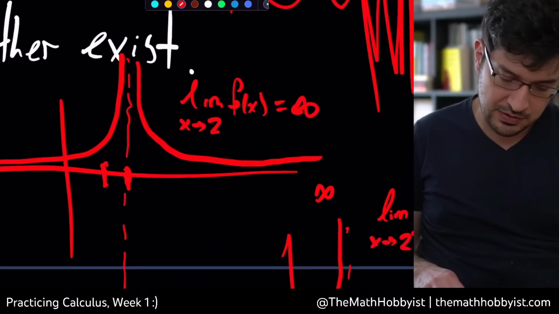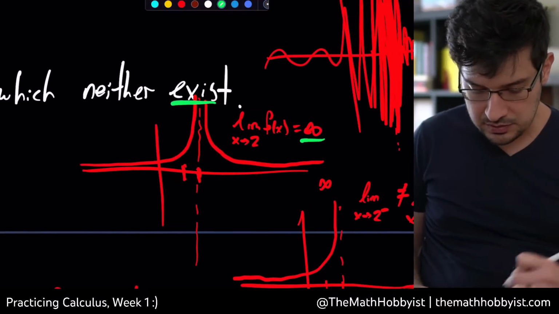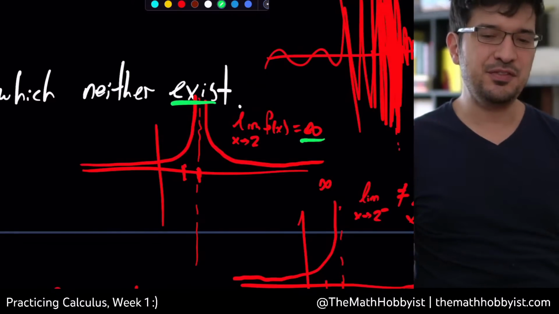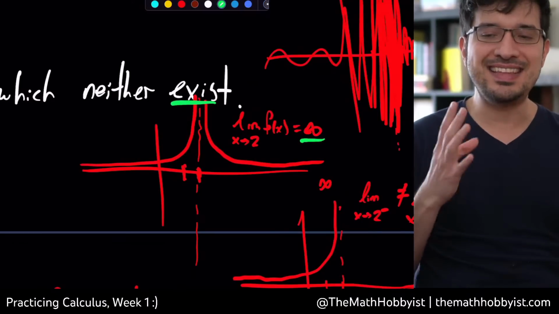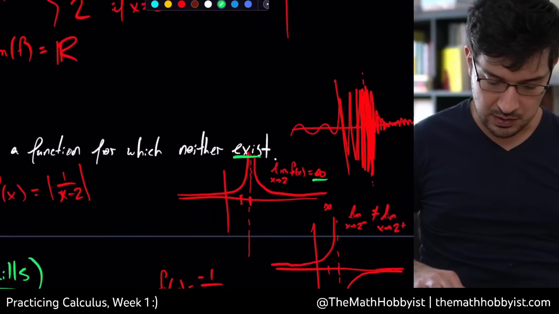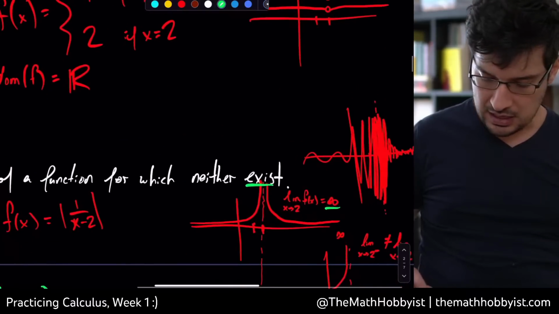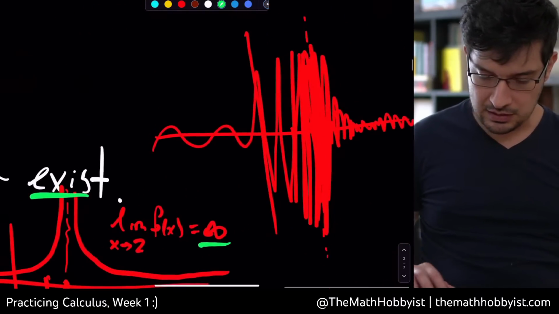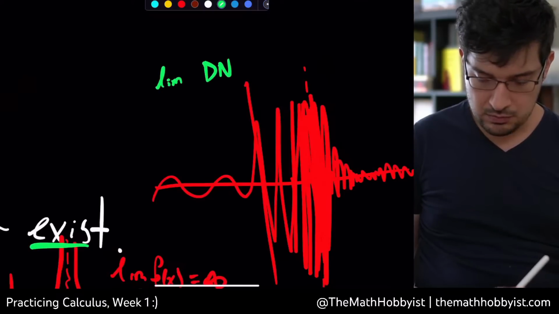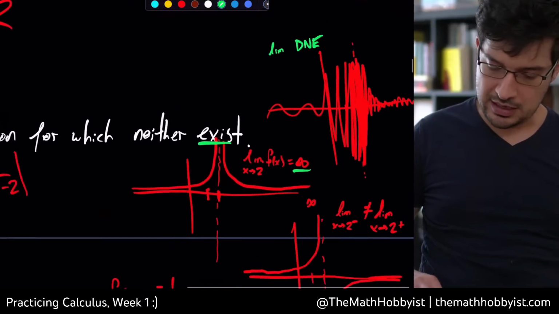So I don't know if Taalman means that this exists or not. The limit exists as infinity, but it doesn't exist as a single value. I don't know what she means by exist in this case. It doesn't matter. And then this one, definitely the limit does not exist at this point. This is, again, at x equals 2.